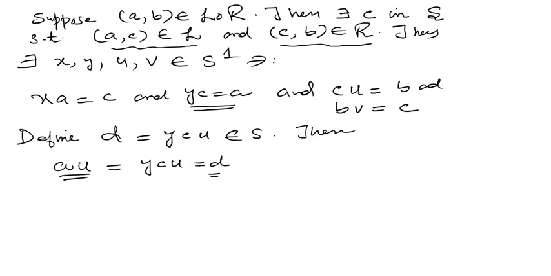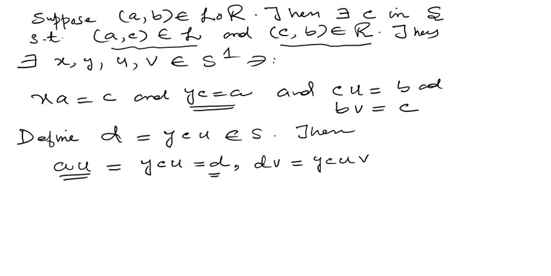Now let's see DV. What's D? D is YCU, so DV is YCUV.